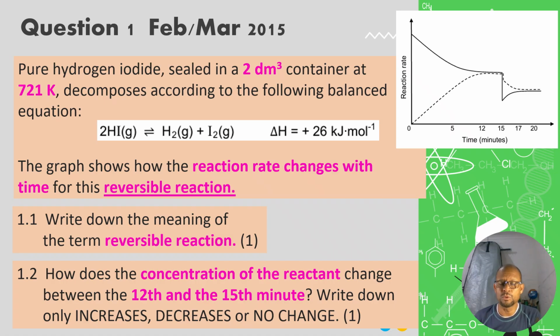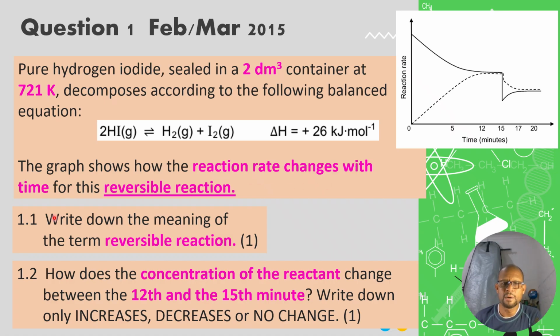The delta H, or the enthalpy for this reaction, is 26 kilojoules per mole, which tells us that the forward reaction for this particular chemical reaction is an endothermic reaction.